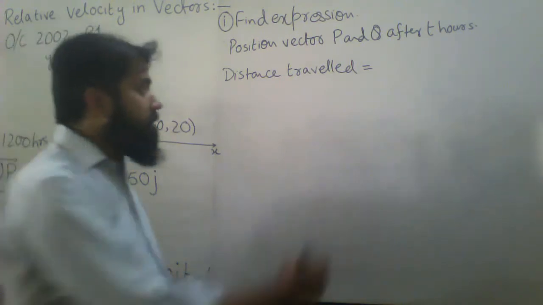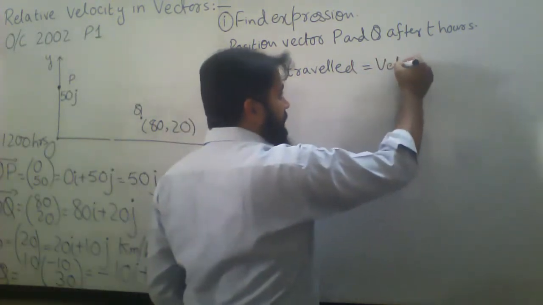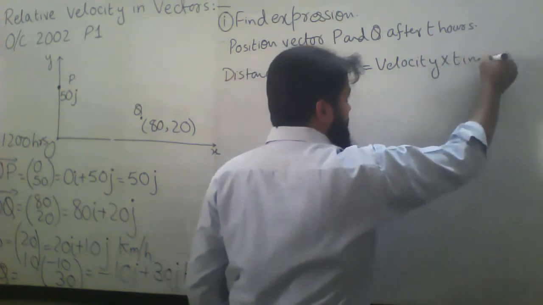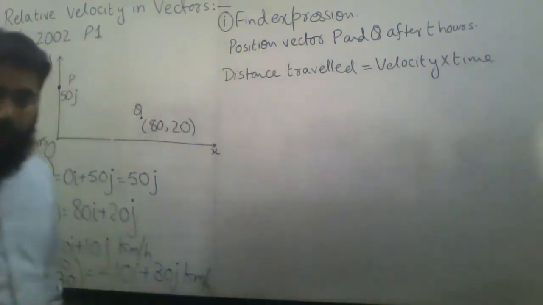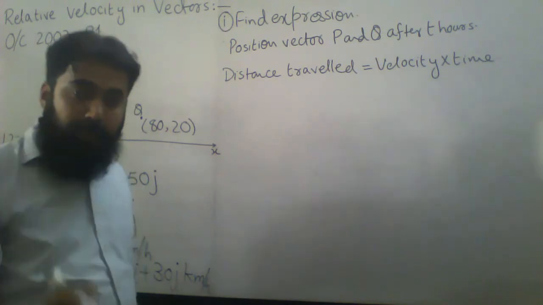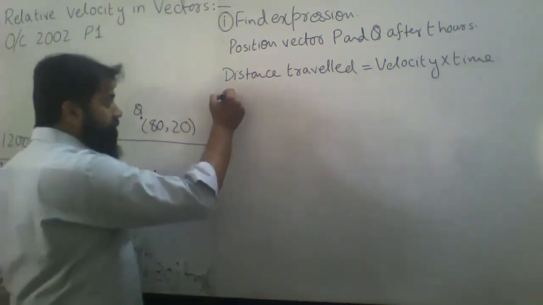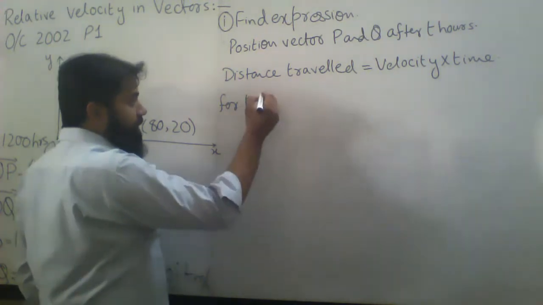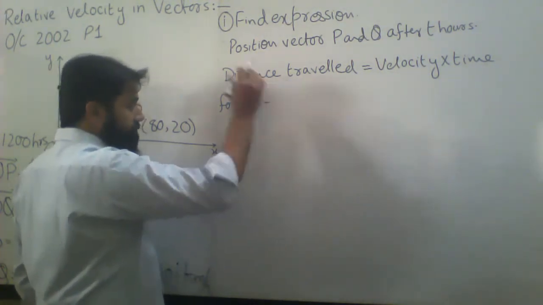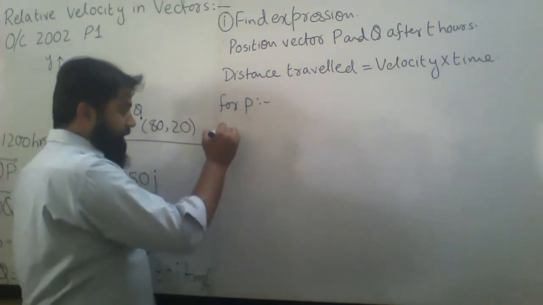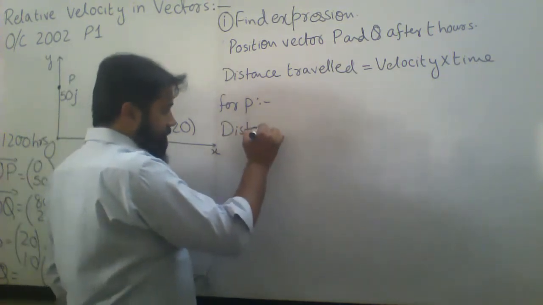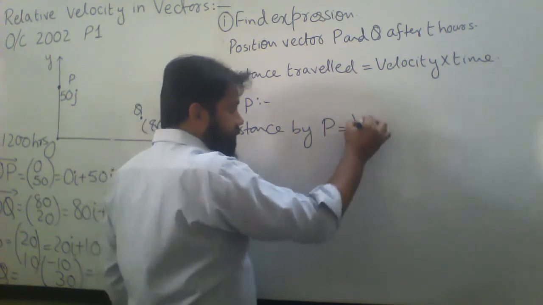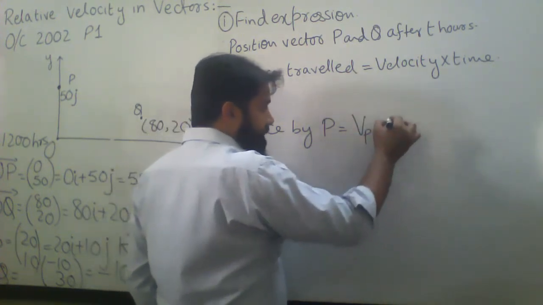It's always velocity multiplied by time. So for P, the distance traveled by P will be equal to Vp multiplied by T.